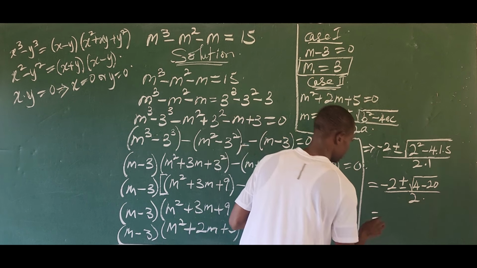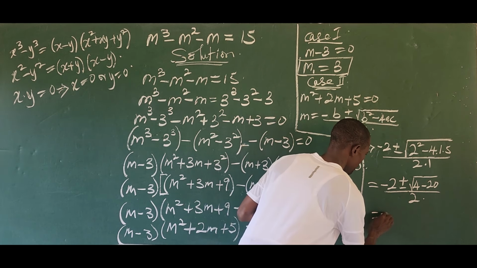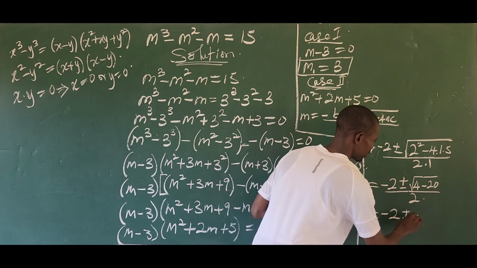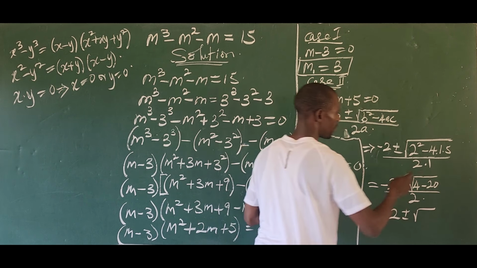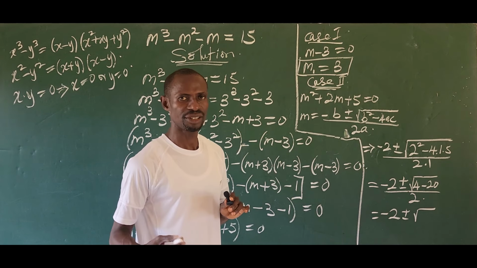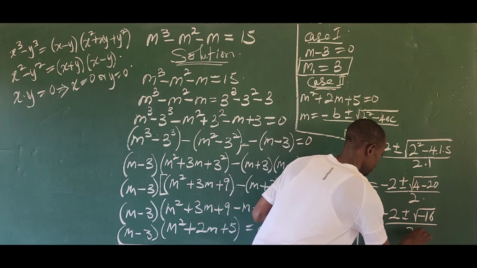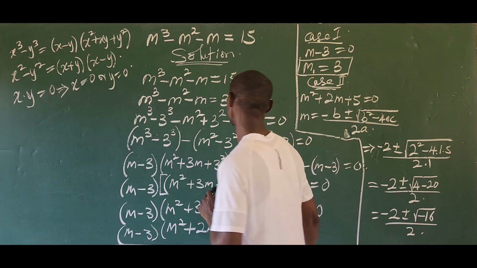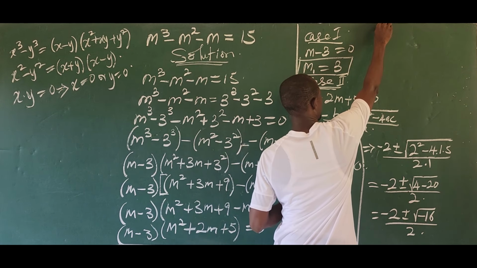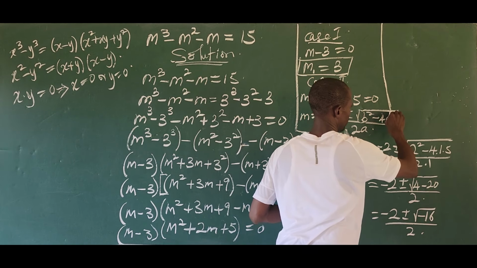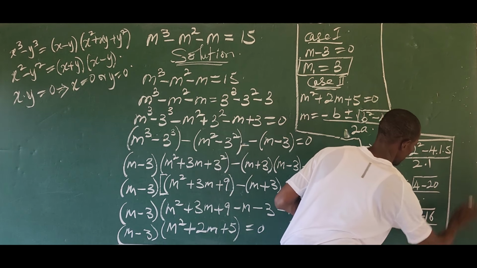So we have minus 2 plus or minus the square root of 4 minus 20, which gives us minus 16, all over 2. Now, we can simplify this minus 16.